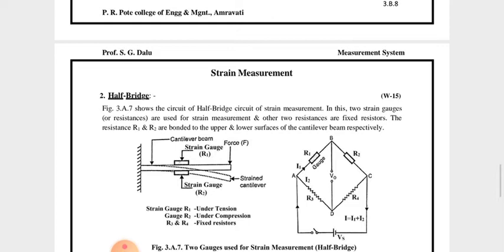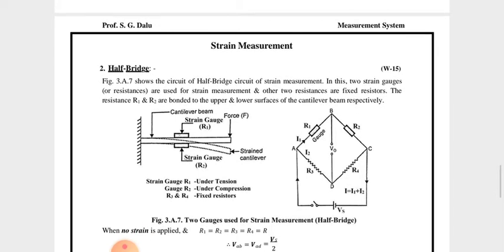Okay, so figure 3.A.7 shows the circuit of half bridge of strain measurement. In this, two strain gauges are used for strain measurement, and other two resistances are fixed resistors. The resistances R1 and R2 are bonded to the upper and lower surface of a cantilever beam respectively.